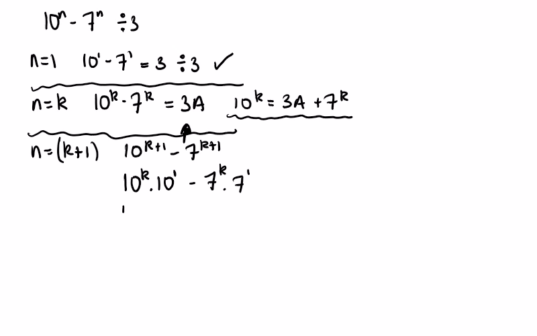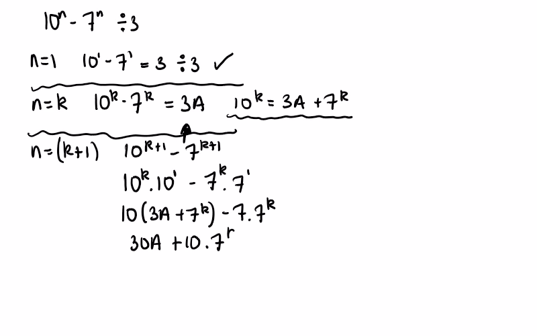We have our 10 to the power of k from above, so this is 10 times the 3a plus 7 to the power of k, minus 7 times 7 to the power of k. If we multiply out the bracket, we're going to get 30a plus 10 times 7 to the power of k, and we still have our minus 7 by 7 to the power of k.